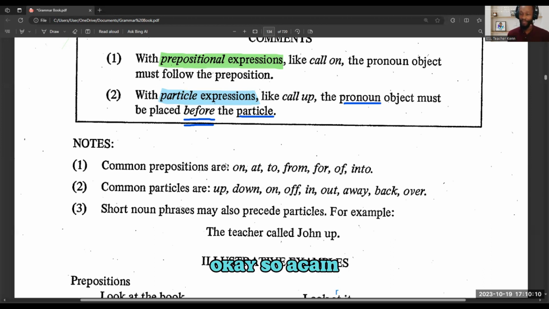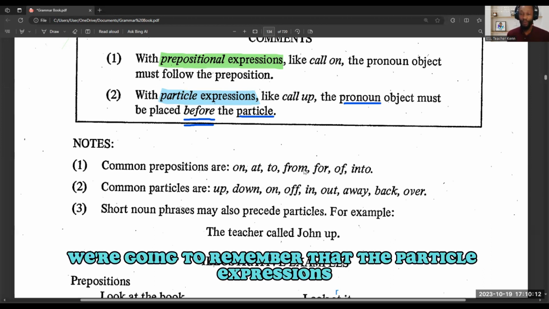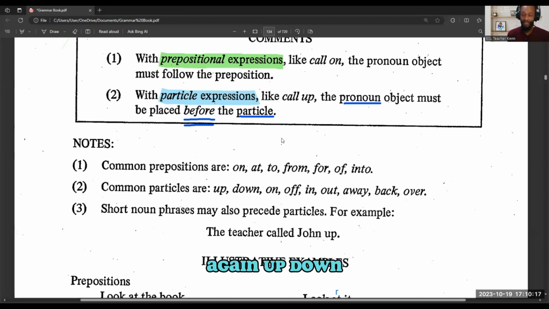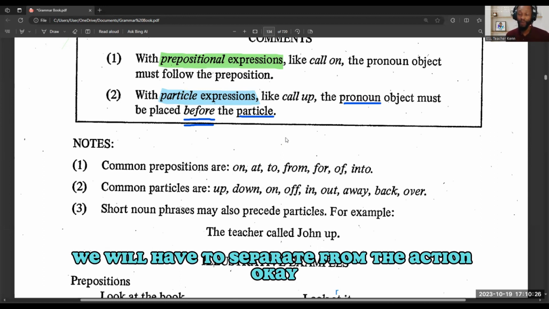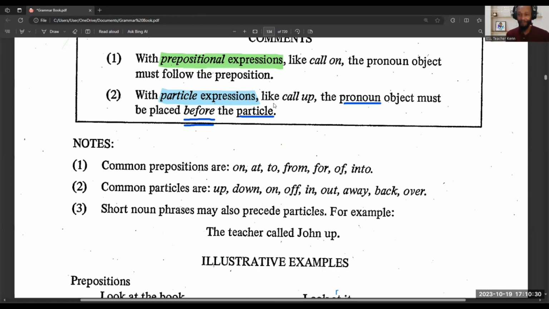So again, we're going to remember that the particle expressions, again, up, down, on, off, in, out, away, back, over, and those similar, we will have to separate from the action.